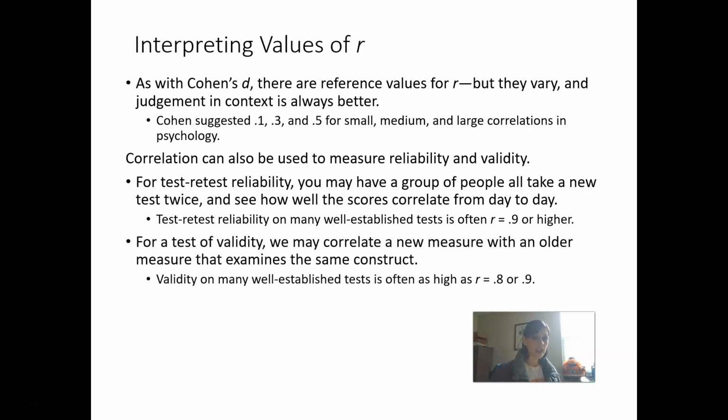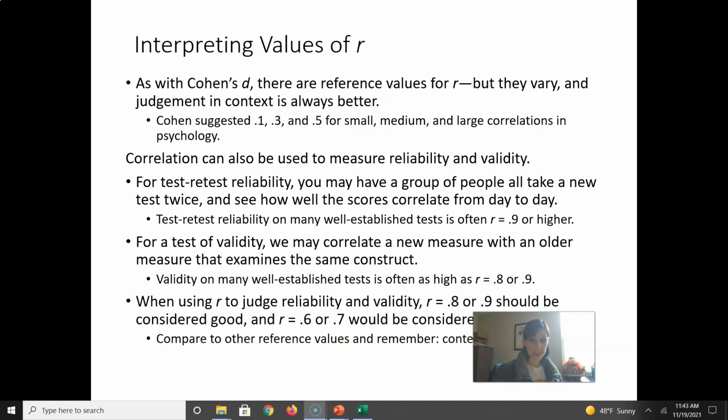If we want to look at validity, we may want to correlate a new measure with older measures. And ideally, if they're looking at the same thing, they should be hanging together. They should be pretty highly correlated with each other. And what we will often find is that for validity on well-established tests, it's going to be as high as an r of 0.8 or 0.9.